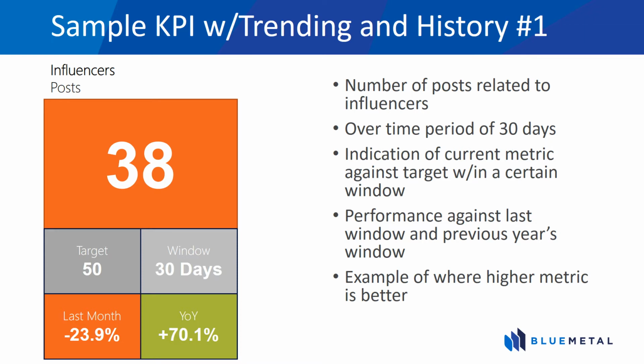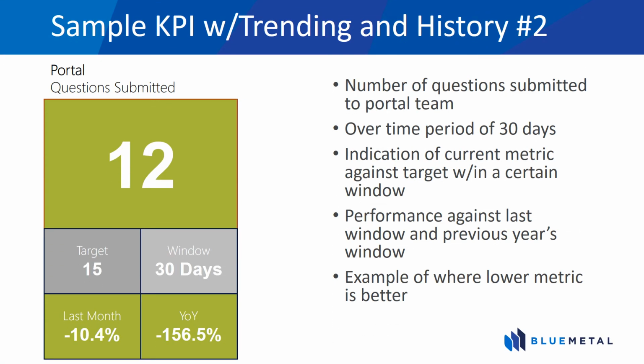And this is an example of where a higher metric is better. In the second example of this format, this is an example where a lower metric is better. And in this case, we've got green across the board because we're looking at the number of questions submitted on the portal, and our goal was 15. We wanted to go down, and we got 12, which is even lower. So there's a green there.